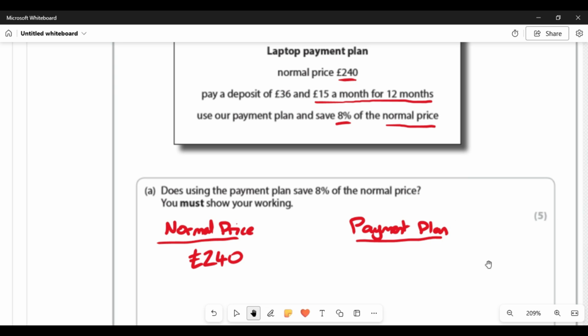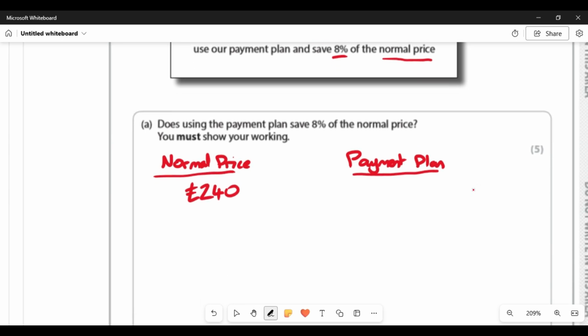So we're going to have to do 15 times by 12. I like to multiply like this. 5 times 2 is 10. Put 0, carry the 1. 1 times 2 is 2, plus the 1 is 3.